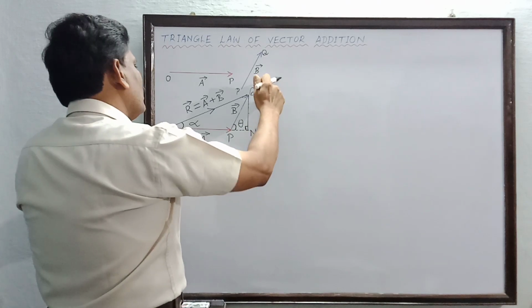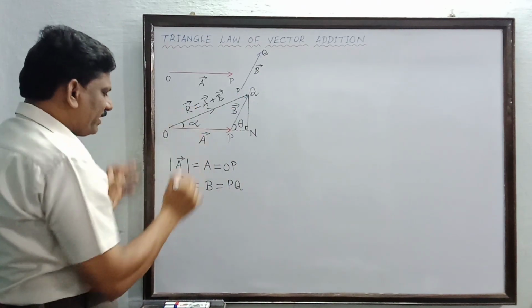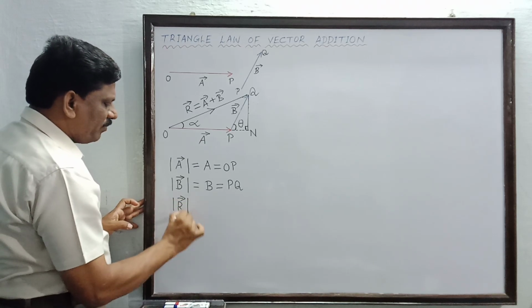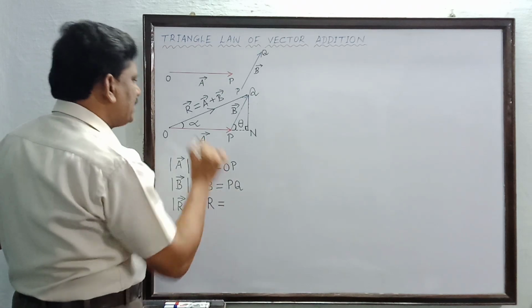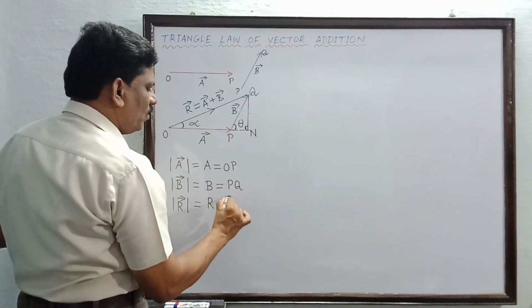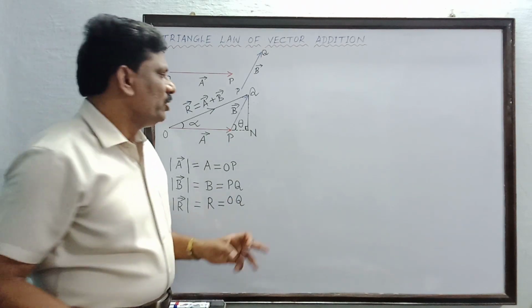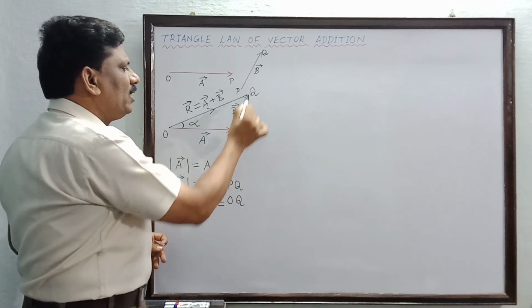Similarly, the length OQ is the magnitude or modulus of the vector R. So modulus of vector R must be equal to the magnitude R, and that is equal to the length of the side OQ. Okay, now you look at the smaller right angled triangle here, PQN.